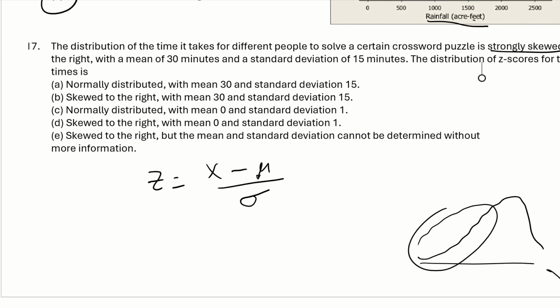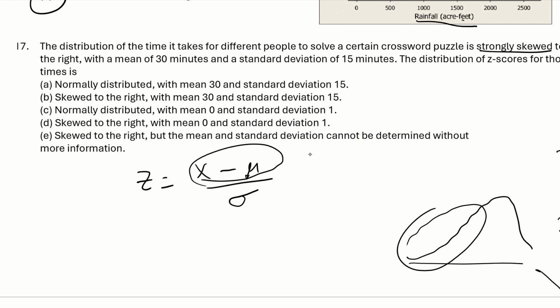So when I do a subtraction transformation, that does not change the shape at all. What it does is it just changes the mean by that amount. Each of the values gets changed by that amount, including the mean. So that would just change the mean. It wouldn't affect the shape or anything like that.